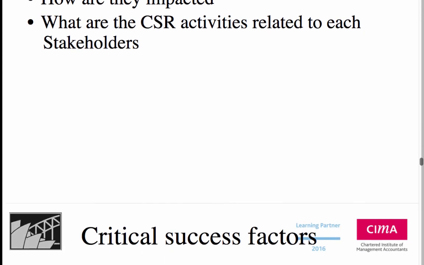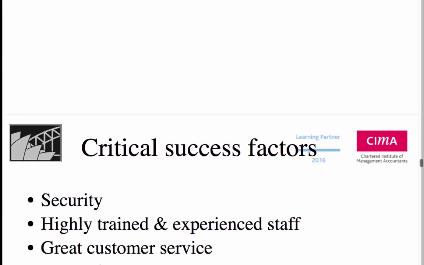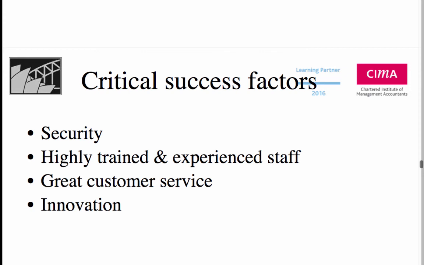And let's look at critical success factors, right? Critical success factors for this company, of course, security. Security will be one of the most important things. And when it comes to security, you need to also think of not only hardware, what other security aspects will you be looking at?